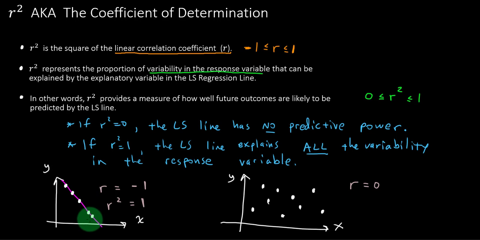Change x, y is coming down. But over here, if you consider different values of x, there's no idea on what's happening in y. The least squares regression line here would be a horizontal line, most likely. No correlation between these two variables. As such, there's no predictive power in such a scenario. So the R-squared value would also be near 0.